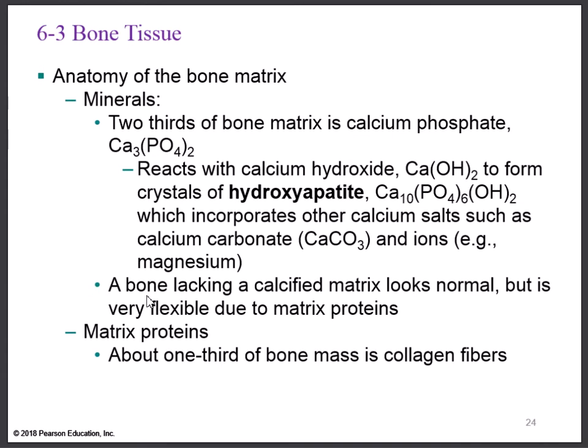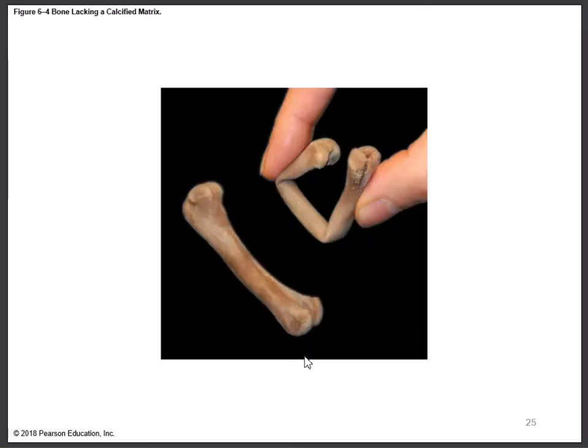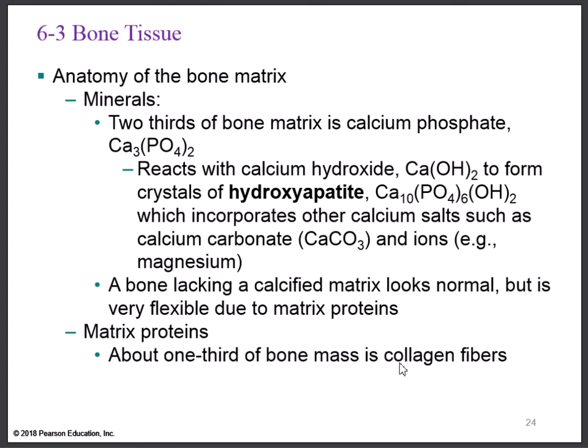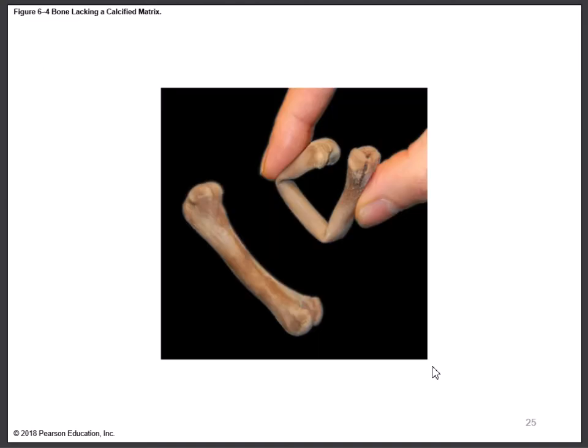And the reason for that is 1/3 of the bone matrix is made up of these matrix proteins, which is down over here now. The matrix proteins are actually collagen fibers. So 1/3 of our bone is collagen, and what that allows for is to give our bones a little bit of flexibility.